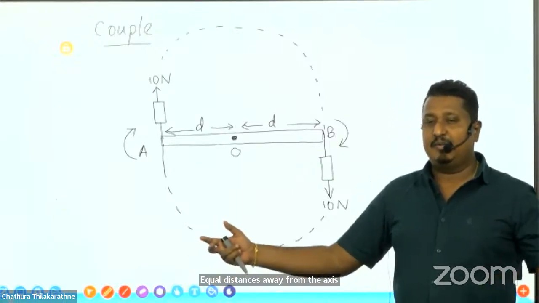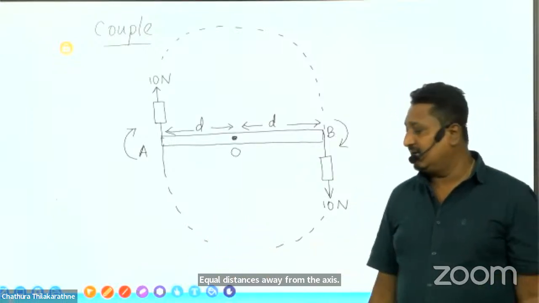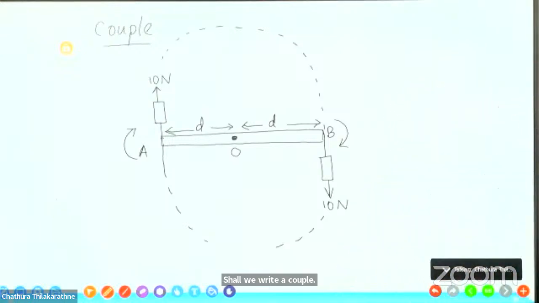Shall we write a couple? Okay, start writing. Write a subtopic as couple or couple of forces. Couple: two coplanar forces. They are coplanar, okay? Coplanar means both have the same plane.